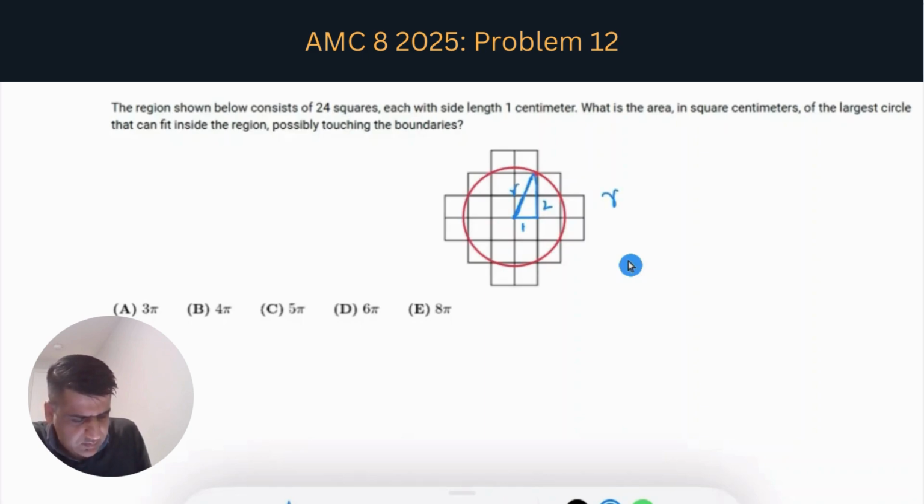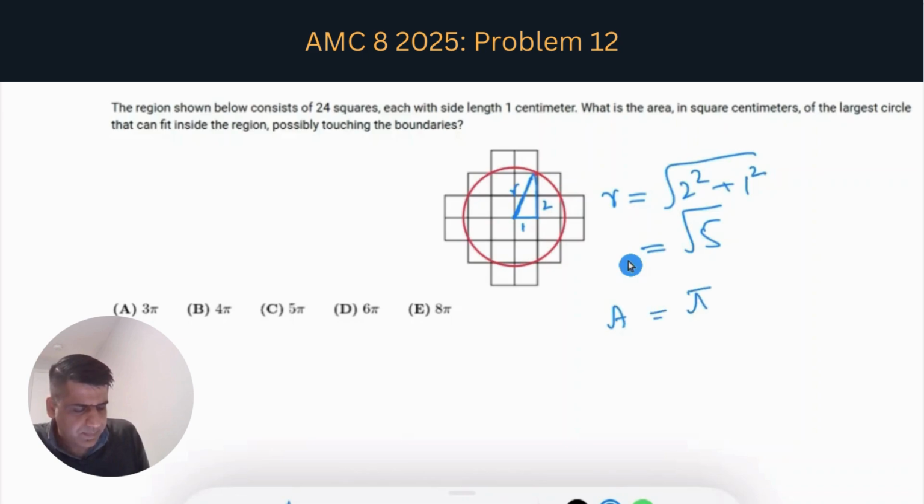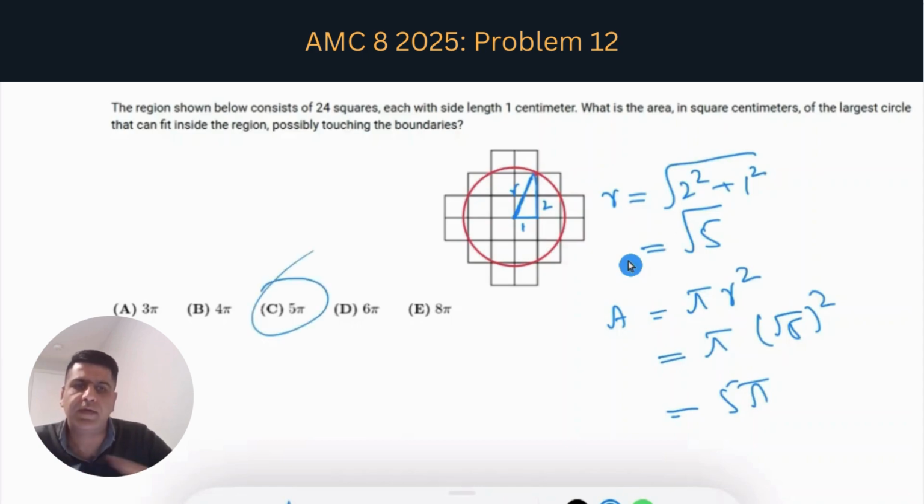So the radius is equal to the square root of 2 squared plus 1 squared, that is square root of 5, and the area is now pi r squared, that is 5 pi. Okay, so this is the answer, 5 pi.